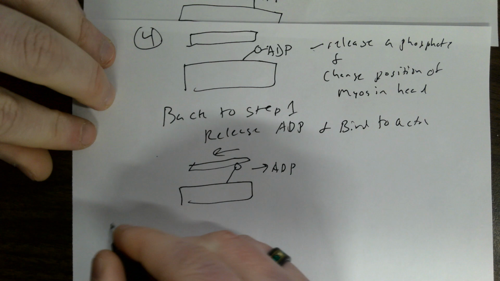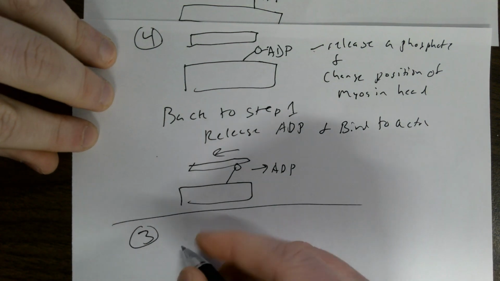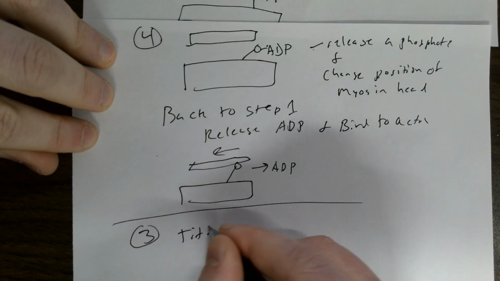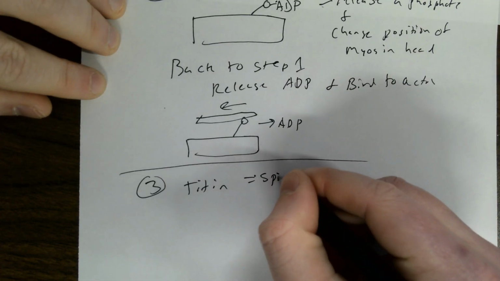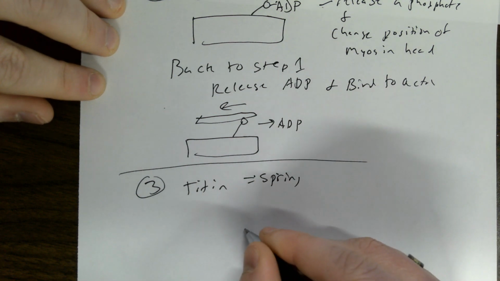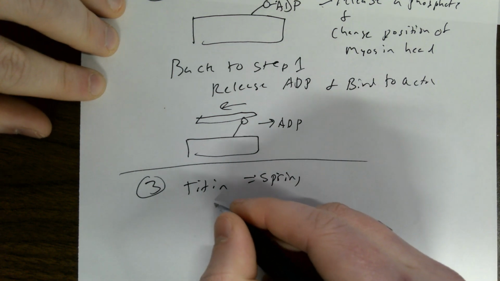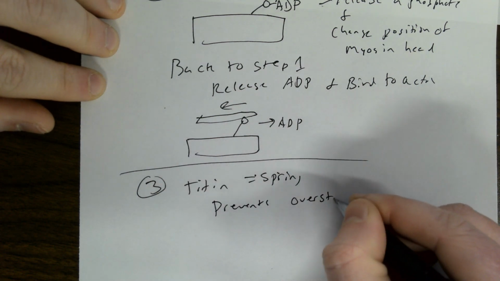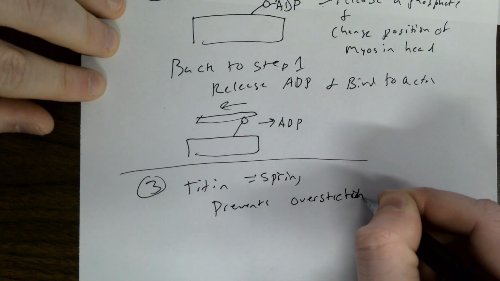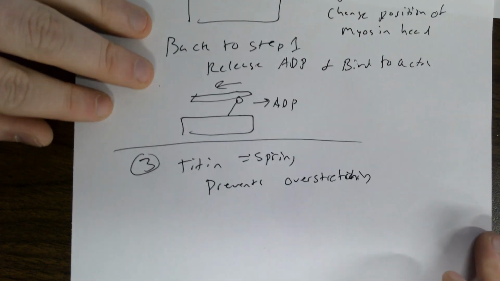Now we said at the beginning that in the sarcomere there's titin. Titin is like a spring. It is that part at the end of the myosin, and it prevents overstretching because it is a pretty strong protein with a lot of elasticity.